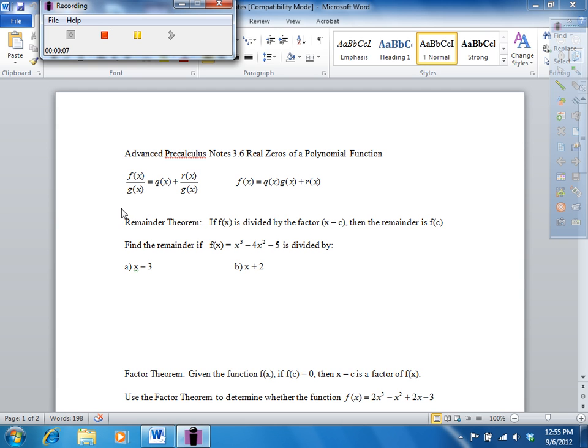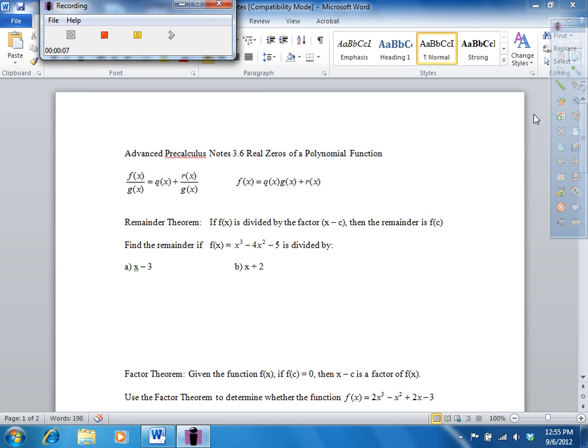So, anyway, when you are doing quotients, or we're finding zeros of polynomial functions, this holds true for polynomial functions as well as for anything when you're doing long division.